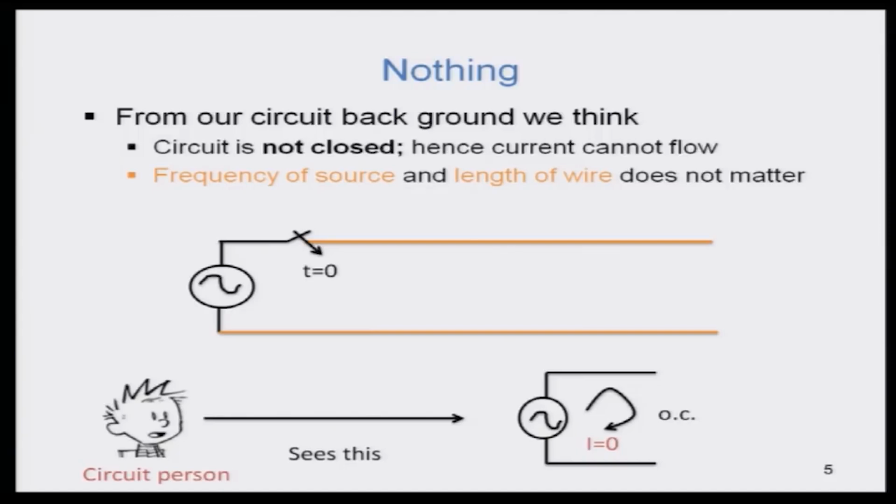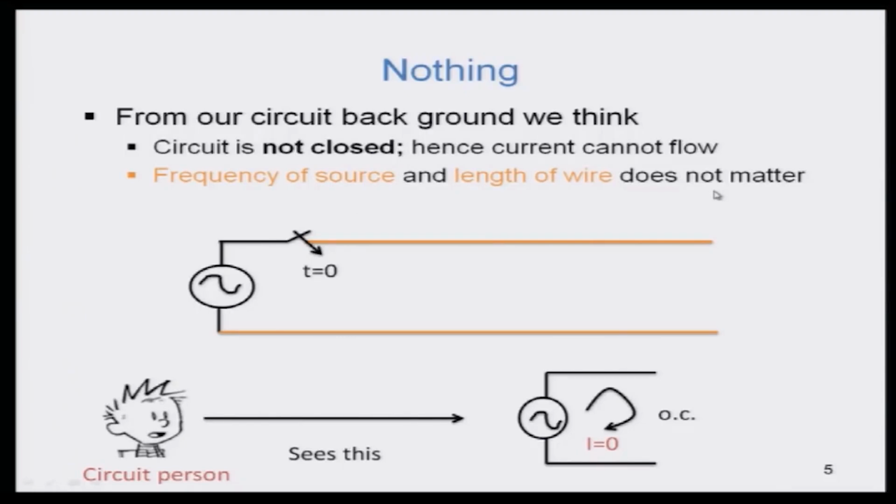From our circuit background, we might first think that, well, the circuit is not closed, which means that there cannot be a current flow in the circuit. Whatever voltage is there at the source end will directly be available at the load end, right? The open circuit voltage of the source will be equal to the voltage at the load end. Now the frequency of the source and the length of the wire do not really matter to us. That is what circuit theory would tell us.